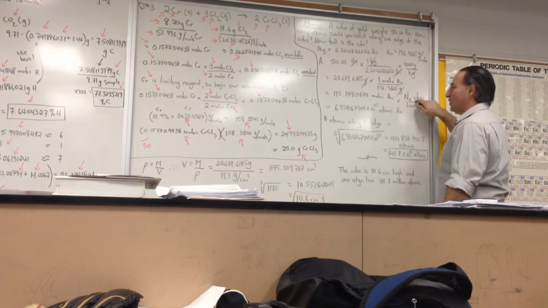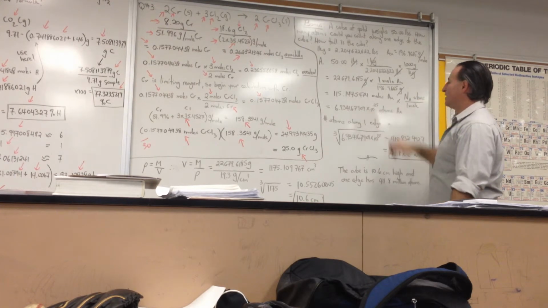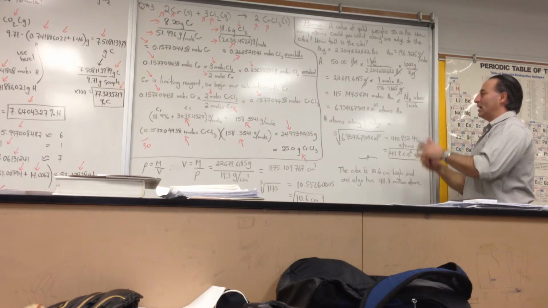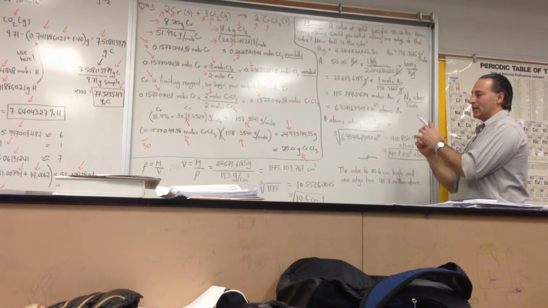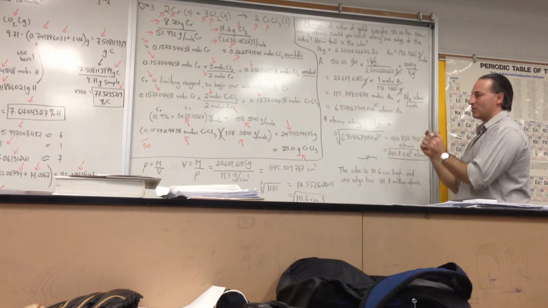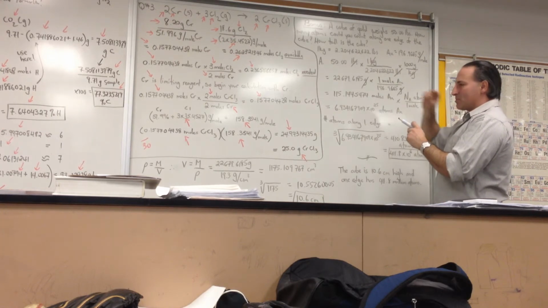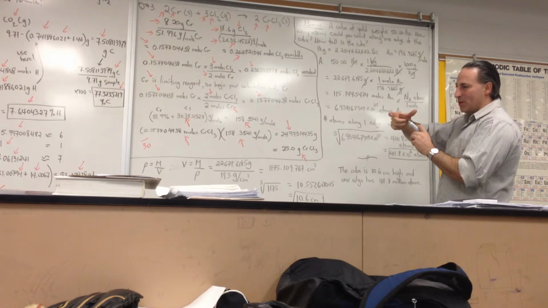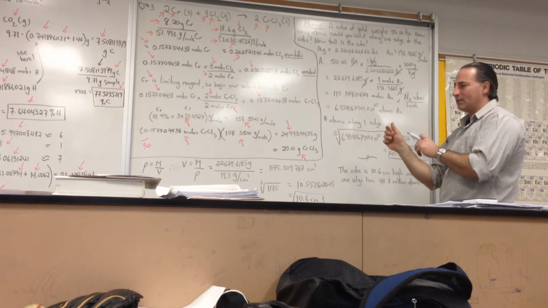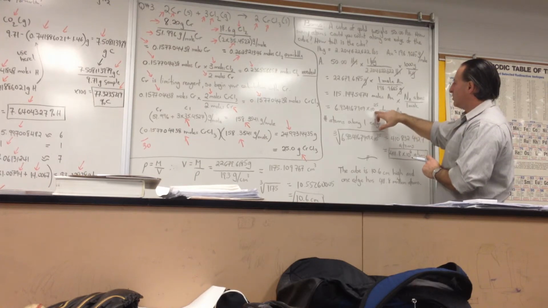We multiply by Avogadro's number, 6.02 times 10 to the 23, which gives us 6.9 times 10 to the 25 atoms of gold. Now those 6.9 times 10 to the 25 atoms are in the form of a cube. And we know that in a cube, length times width times height gives you the volume. So whatever those atoms measure, any number of atoms in length times any number of atoms in width times any number of atoms in height would give you 10 to the 25.